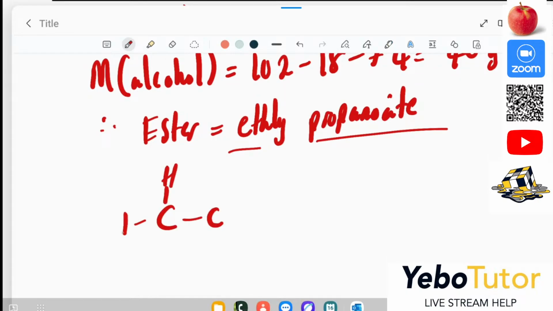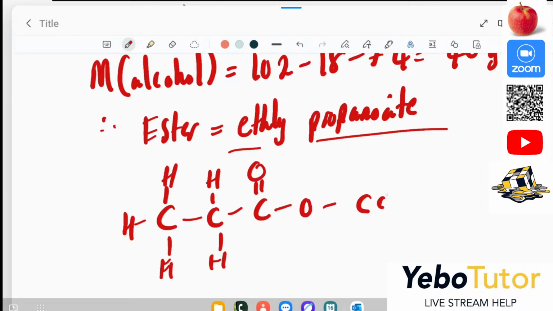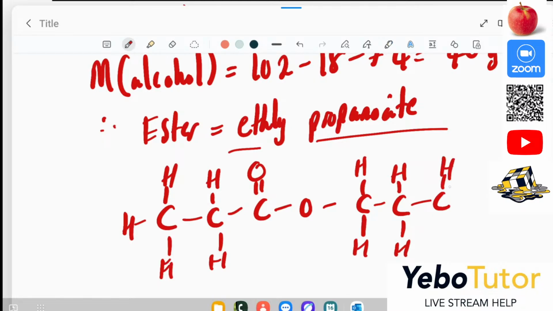So H H H H H, then we have our carbon, then of course our oxygen, then our 3 C's, since we say that's propanoate. So that would be our ethyl propanoate.